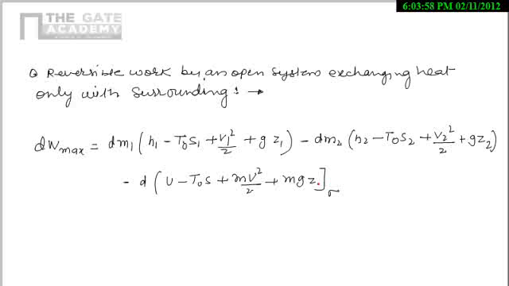So the above equation is the general expression for the maximum work of an open system which is exchanging heat only with the surrounding. Now let's take another important concept, that is reversible work in a steady flow process.